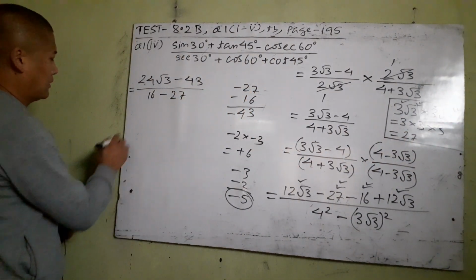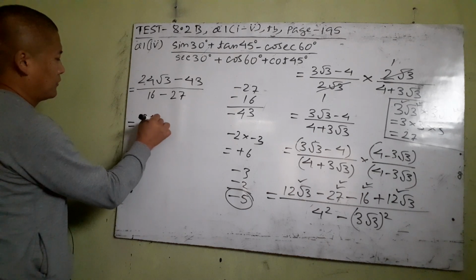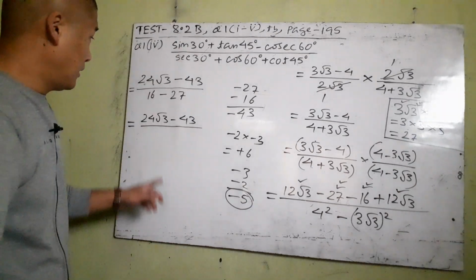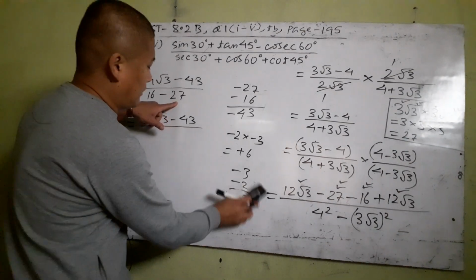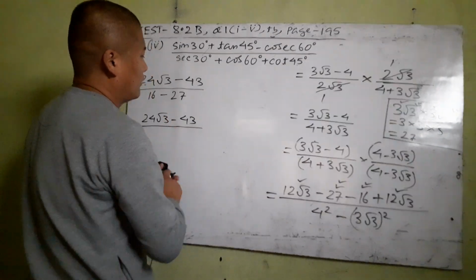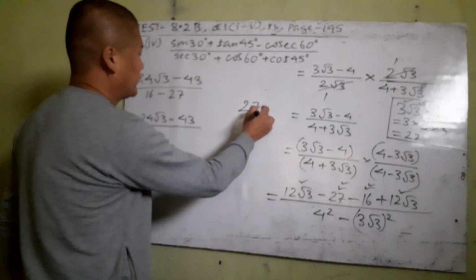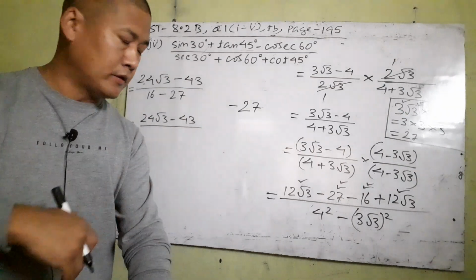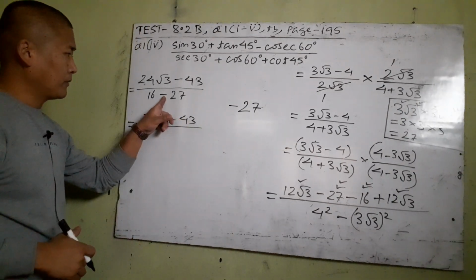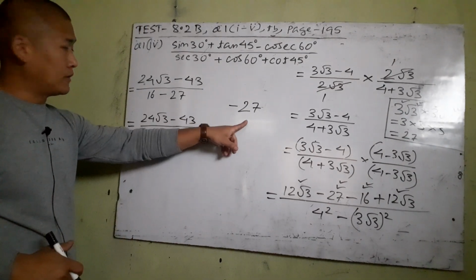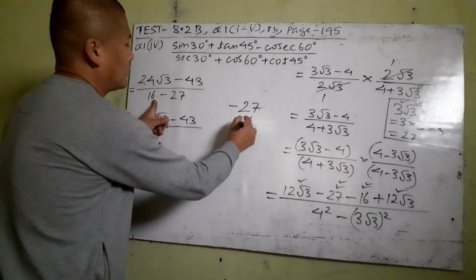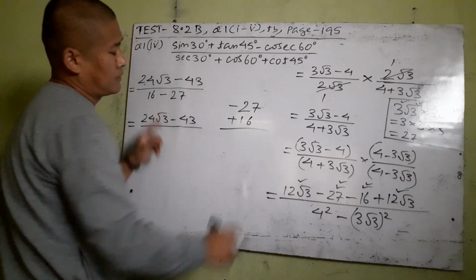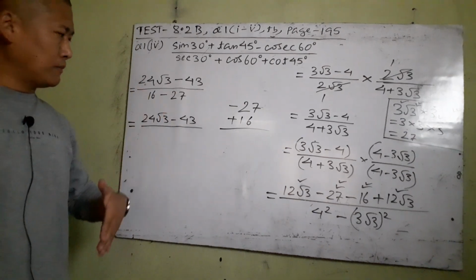And then here, next, 24 root 3 minus 43 divided by, again, out of the two numbers, we always deal with two numbers. How? The bigger one, absolute value up, sign of 27 is minus. Sign of a number is always in front of it. So in front of 27 is minus, means this minus belongs to 27. Smaller one is 16. There is no sign in front, means we know it is plus. So minus and plus means we subtract.